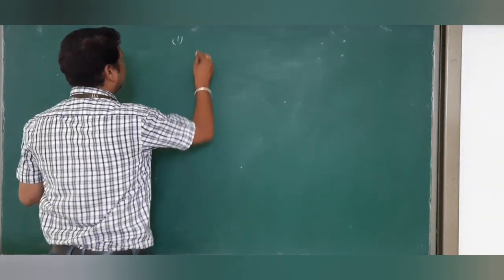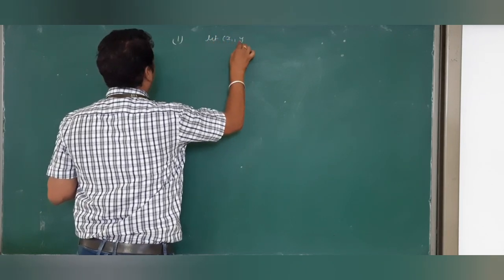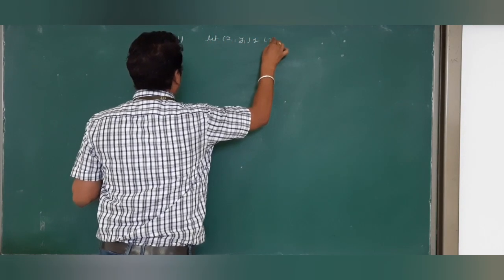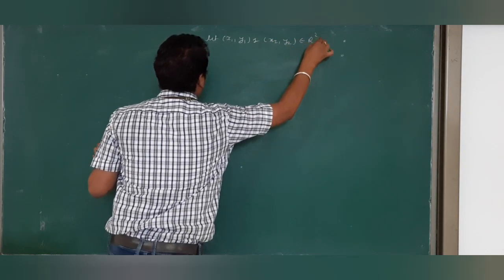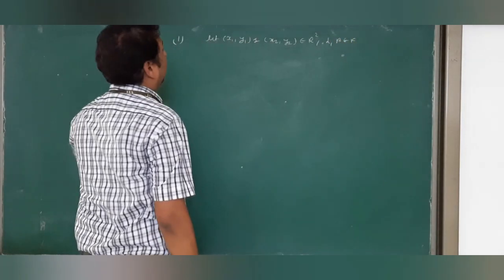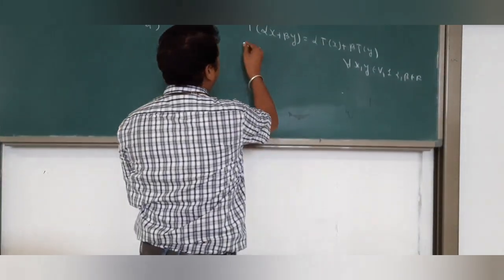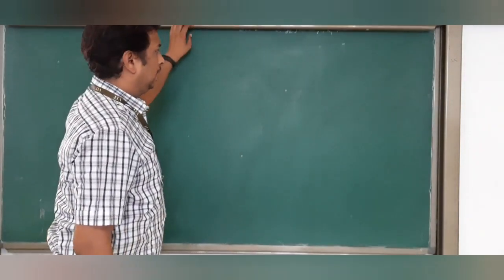So take any two elements of R square. So let (x1, y1) and (x2, y2) be two elements of R square and alpha, beta belong to the field. So now find out the LHS value and the RHS value, and show both are equal.